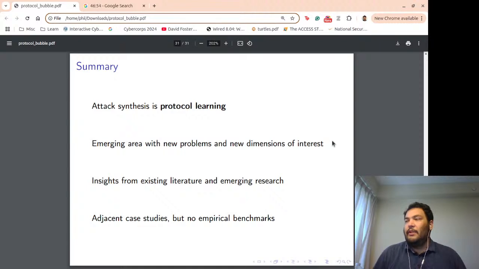So there are a few different reasons why it's different from what is traditionally considered. So the idea of synthesizing attacks with protocol learning is maybe more tractable than we would have thought. Yeah. Okay, thank you.